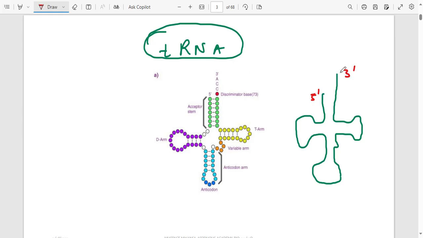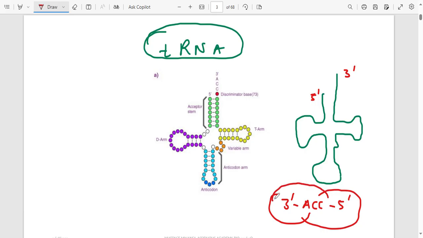Can you see that the 3' end has got a sequence ACC? So in other words, you have got the 3' end, and then you have got A, and then CC, and then you are going to go to the 5' end. This is a very important one that I don't want you to forget. So it is at the 3' end, known as the acceptor arm. That is where the amino acid is going to be able to attach. Okay, the acceptor arm. That is where the amino acid attaches.